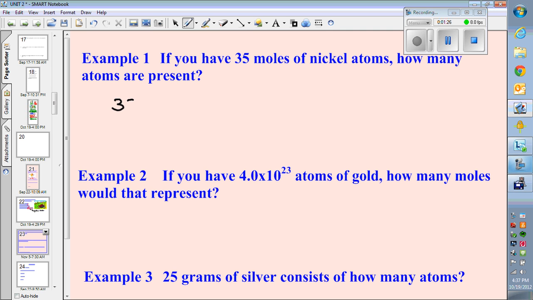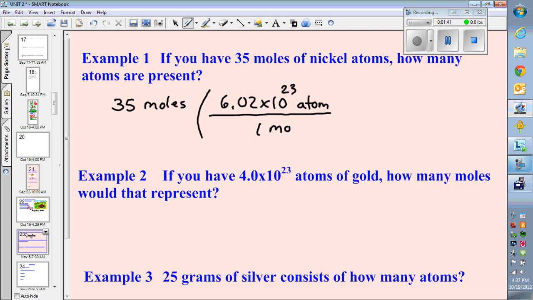We have 35 moles, and Avogadro's number tells us that you have 6.02 times 10 to the 23 atoms or particles for every 1 mole present. So the simple multiplication, if you set your factor labels up like this, you would have moles that would cancel, 1 in the numerator, 1 in the denominator. It really says take 35 moles and multiply by 6.02 times 10 to the 23.